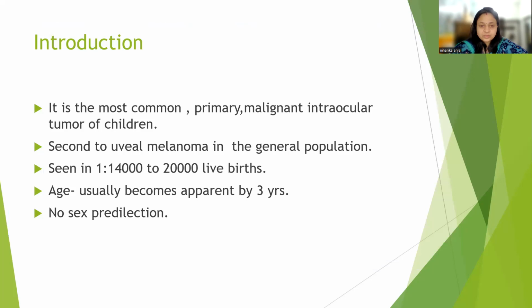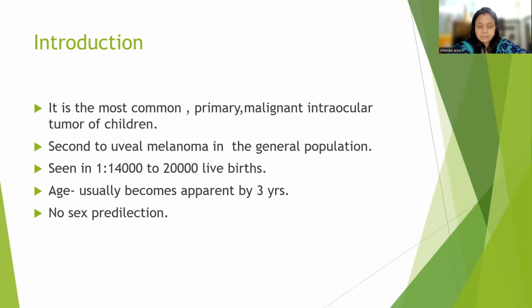It is the most common primary malignant intraocular tumor of children. It is second to the uveal melanoma in the general population. Among childhood tumors, the first is the rhabdomyosarcoma, and the second one is the retinoblastoma, and it is seen in 1 in 14,000 to 20,000 live births.